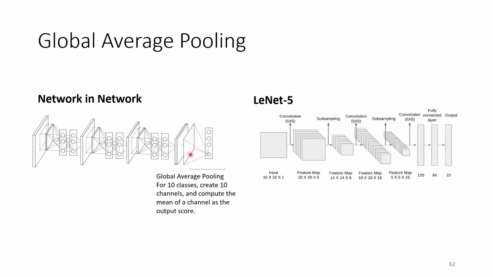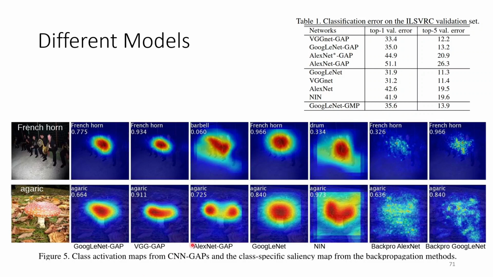So they need to slightly modify the original GoogleNet to insert this layer so that they can generate the CAM layers. VGG is the same. VGG doesn't have the CAM layer, so they need to add it. And AlexNet doesn't either.